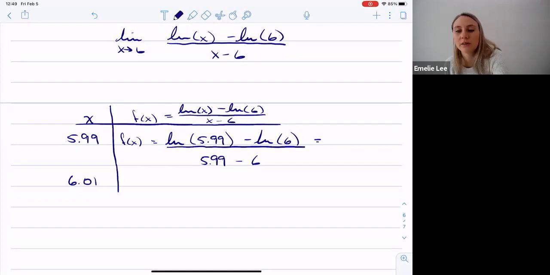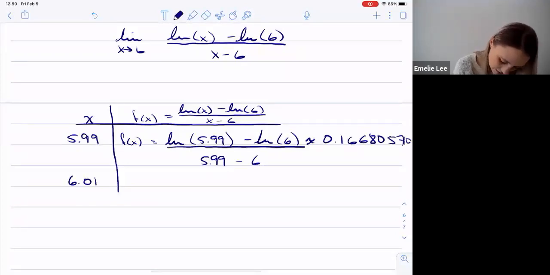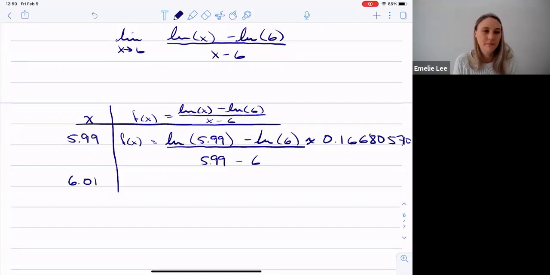If you just do that on your calculator, I get an approximation of roughly 0.1668057101. It says to 3 decimal places, so no biggie.